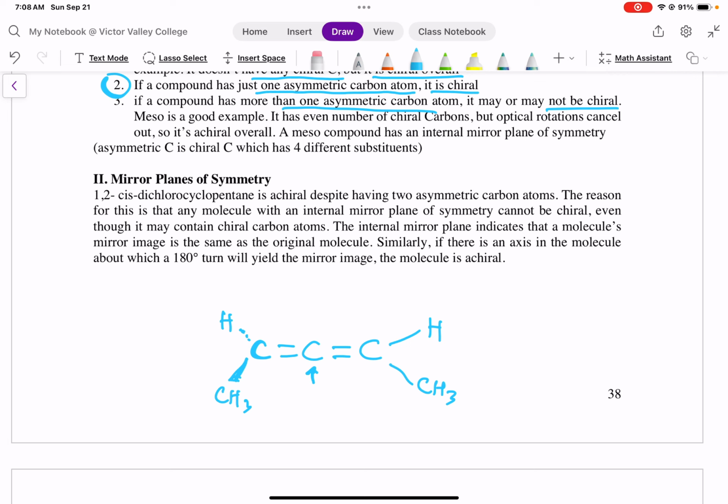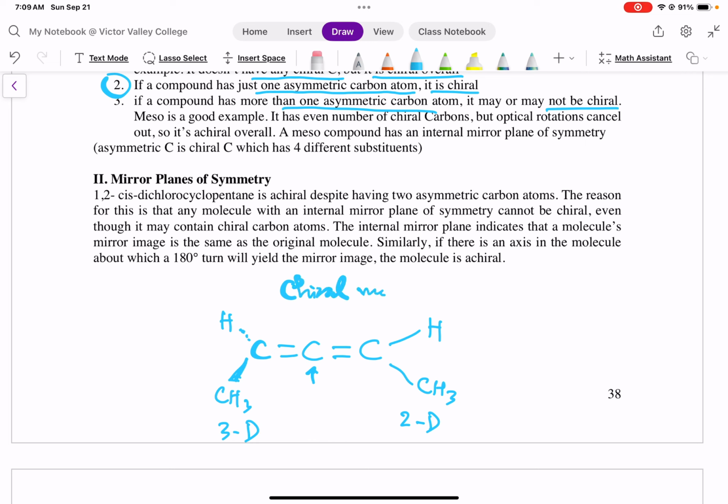Now they cannot be on the same plane because of the way the parallel p orbitals overlap. So it's the middle one. The second set of p orbitals has to turn 90 degrees. So you got 2D on one side, you got 3D on the other side. So this molecule is actually twisted. That's why it is chiral.